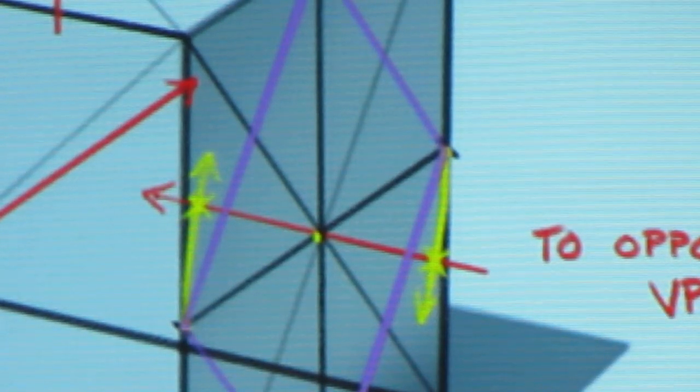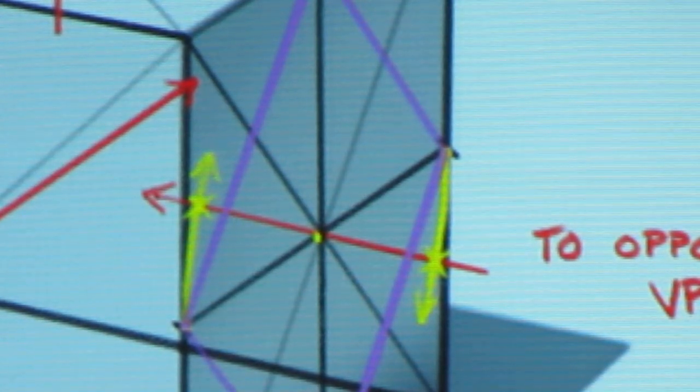Picture this ellipse or this circle. Actually, you guys, listen to this carefully for a second. Realize that at each of these points, here, here, here, and here, these midpoints, for one theoretical moment, the circle and the square are tangent.